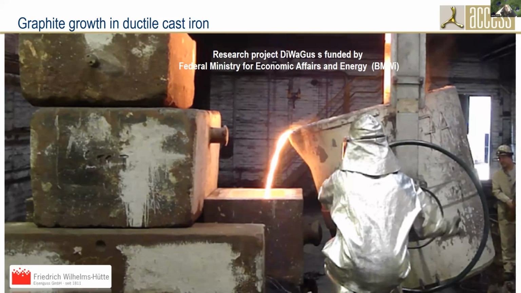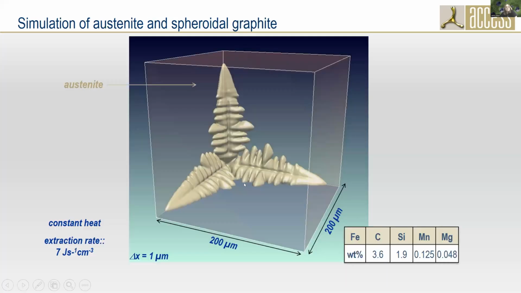work on graphite growth and ductile cast iron. These results stem from a project I had some years ago. I'm now working on another project again, but these are quite old data results.